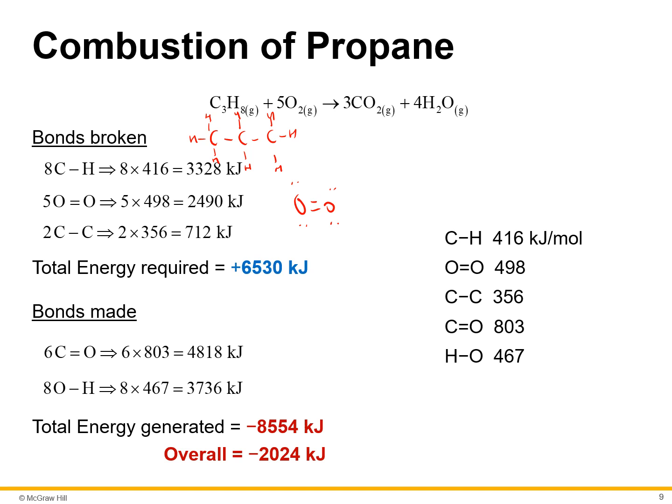And our products. Why am I drawing 3? Because there's 3 of them. I should have drawn 5 oxygens as well. And we have 4 waters. So just to be complete, I'll draw the other oxygens as well.